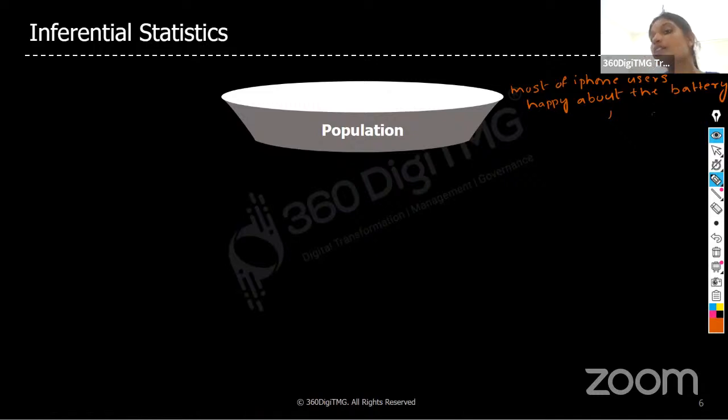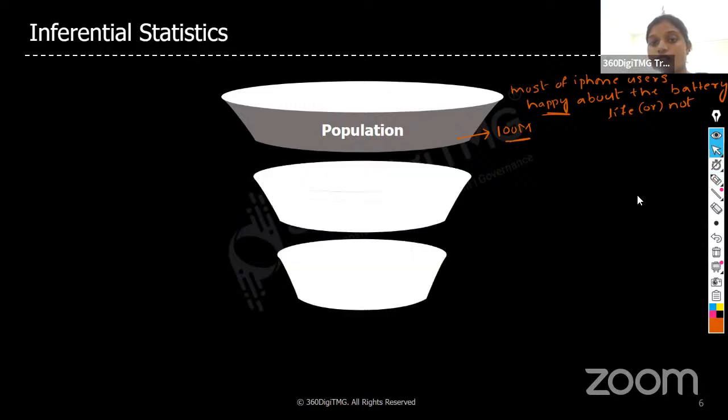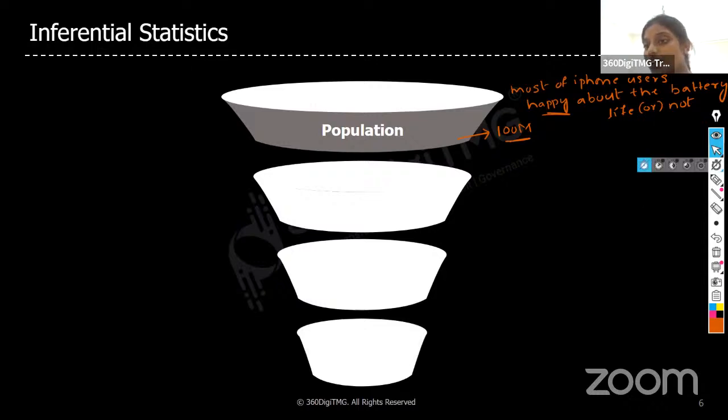Now, imagine out of all the population in the world, there are maybe 100 million people using iPhones. Just an example. So out of 100 million, how can you find out whether most customers are happy about the battery life or not? How can you find that out for 100 million people? For that, we have the second one, which is the sampling frame.